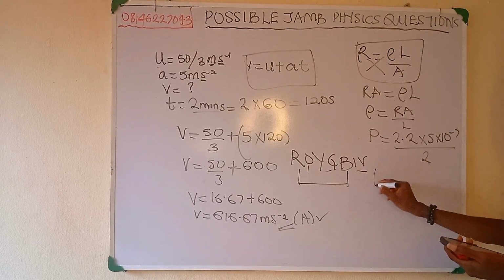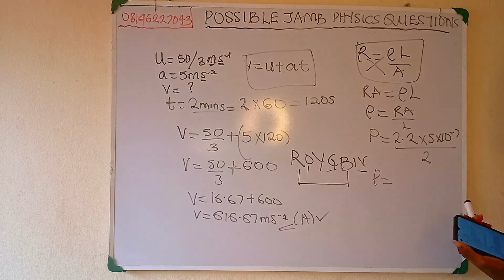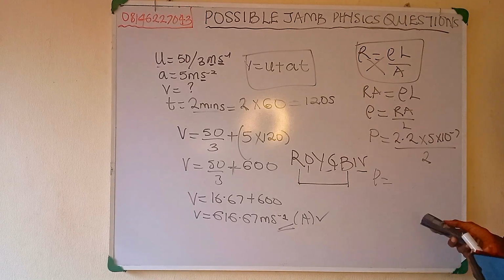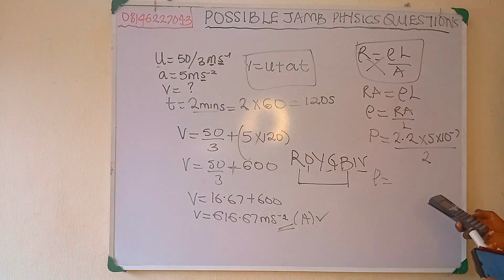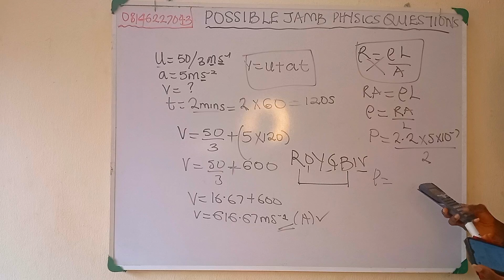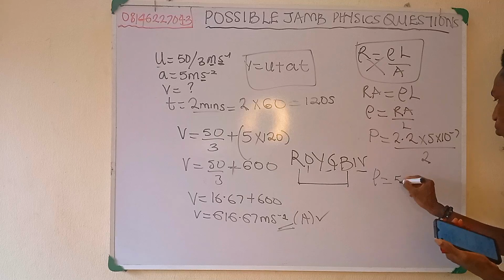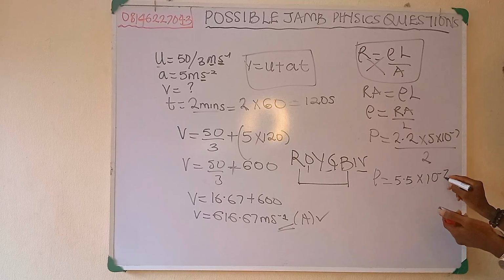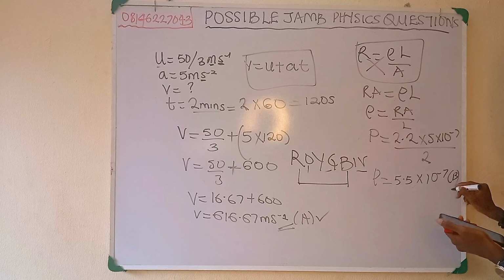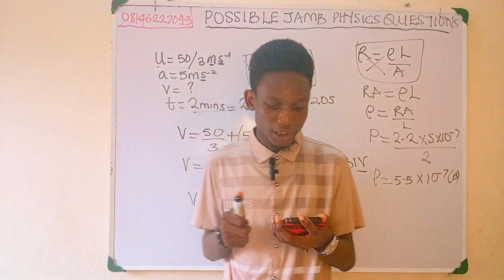So 2.2 times 5 gives you 11. Then 11 divided by 2 gives you 5.5. So we have 5.5 times 10 raised to the power minus 7. That means option B is correct. This is the relationship between resistivity and resistance, so please take note in case you didn't know.